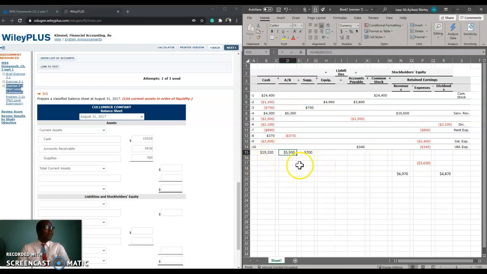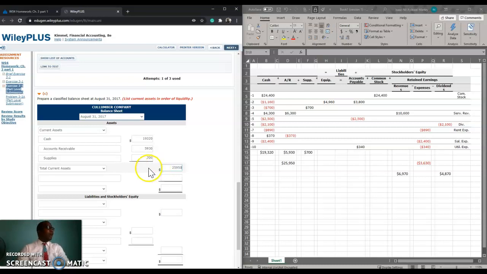So we can do this over here by doing equals to sum of this, then we put a comma, this, another comma, this, and then we end the parenthesis. Hit enter, and then we have $25,950 for our total current assets.